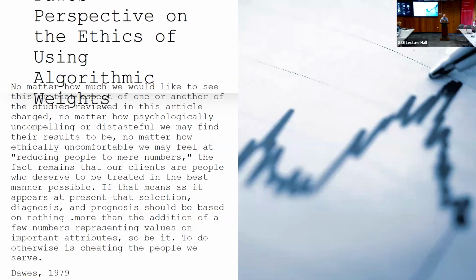And so he argued that by not doing this algorithmic weighting of taking each of these individual scores and weighting it, but letting experts weigh this, it was inappropriate and unethical. So he said, no matter how much we would like to see this or that aspect of one or another of the studies reviewed in this article changed, no matter how psychologically uncompelling or distasteful we may find the results to be, no matter how ethically uncomfortable we may feel at reducing people to mere numbers, the fact remains that our clients are people who deserve to be treated in the best manner possible.